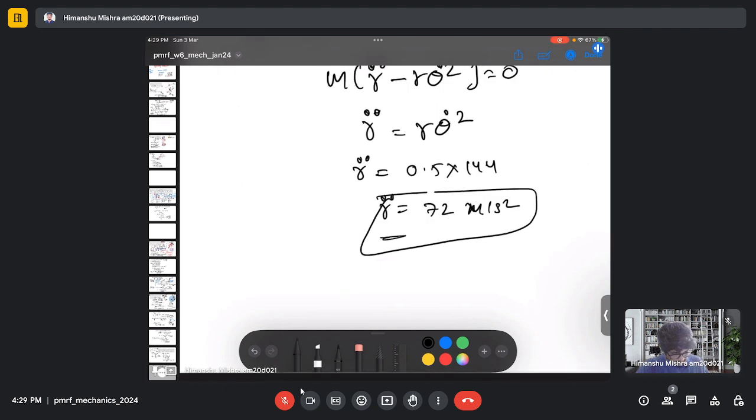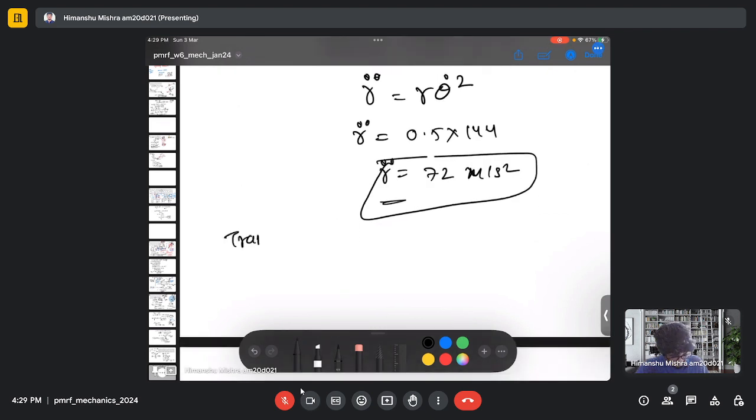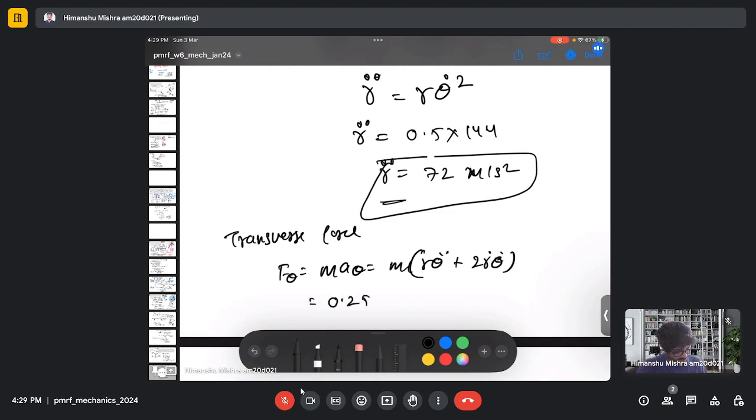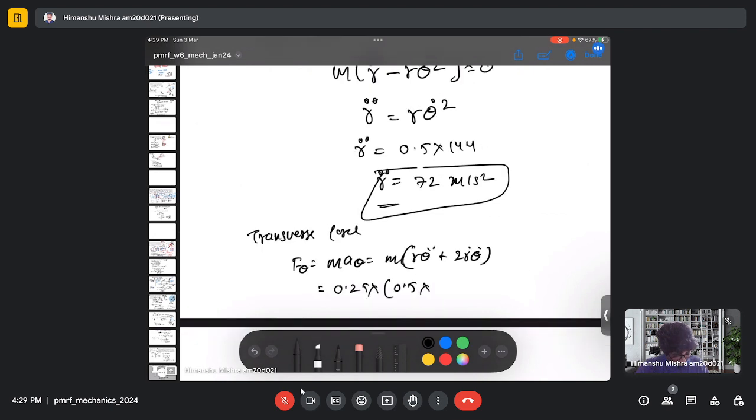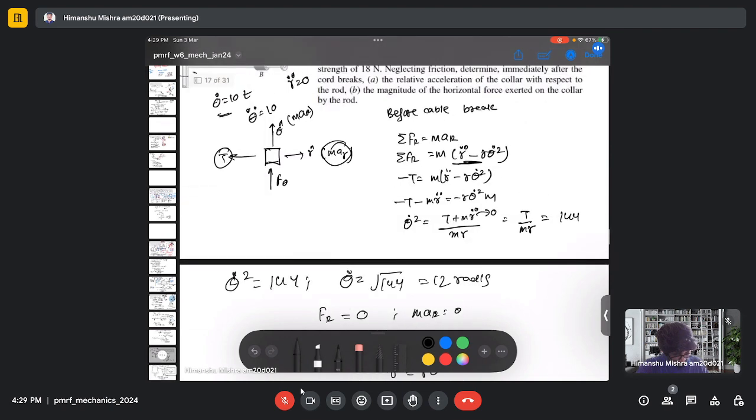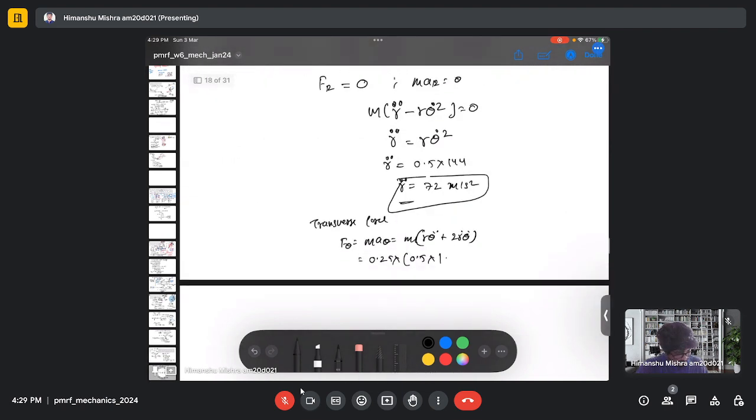Now, in order to calculate the transverse force, we have F theta, m a theta, which is m times r theta double dot plus 2 r dot theta dot. So it will be 0.25 multiplied by r, 0.5. My theta double dot is 10, plus 2.